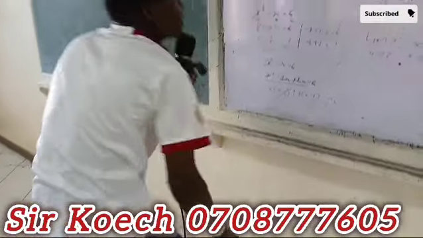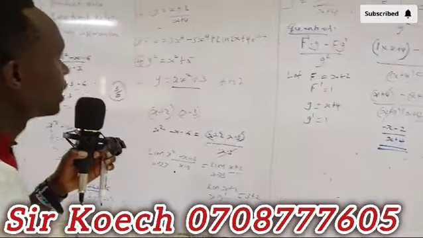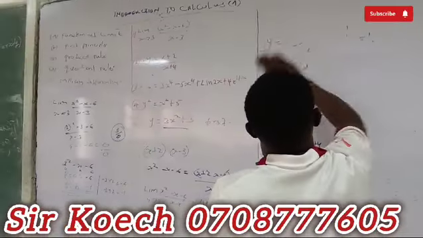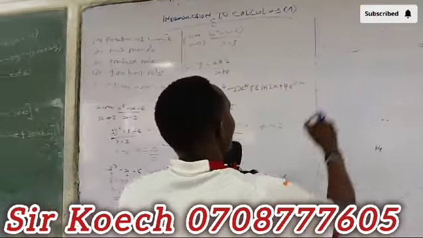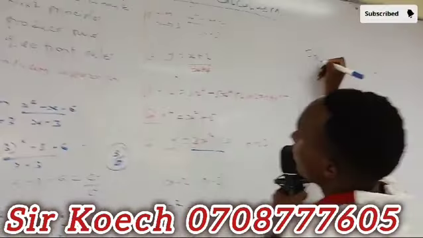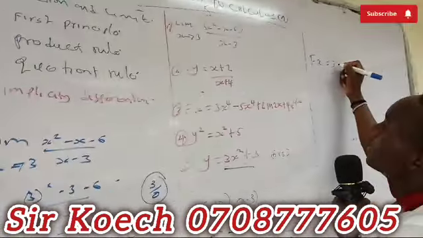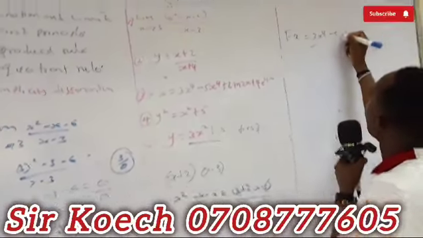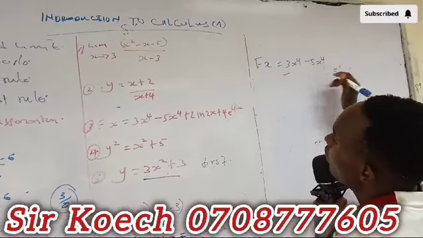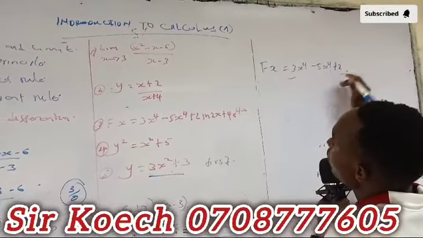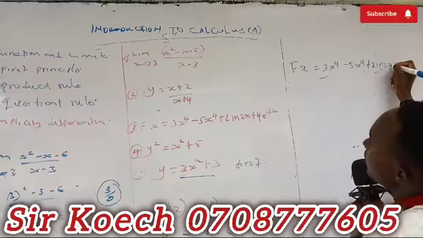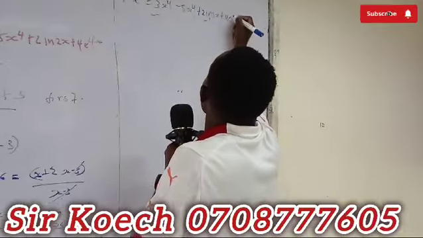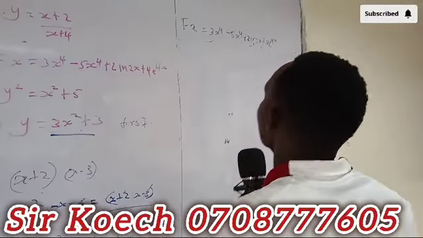Another example is: evaluate the f prime. The f of x is equal to 3x raised to power 4, minus 5x raised to power 4, then plus 2 ln of 2x, plus 4e raised to 4x.